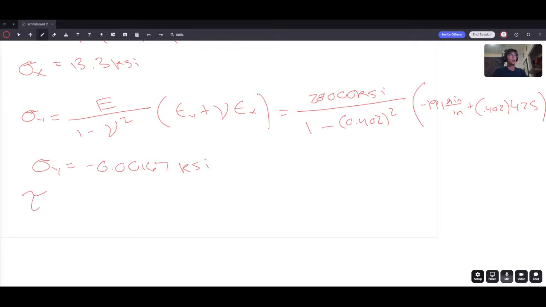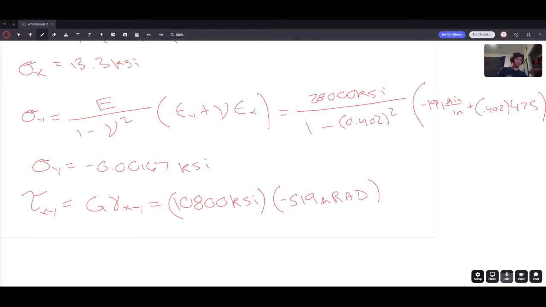Then tau xy is equal to the modulus of rigidity times gamma xy. Modulus of rigidity, from the textbook, again, I looked it up earlier, 10,800 KSI, times negative 519 microradians.